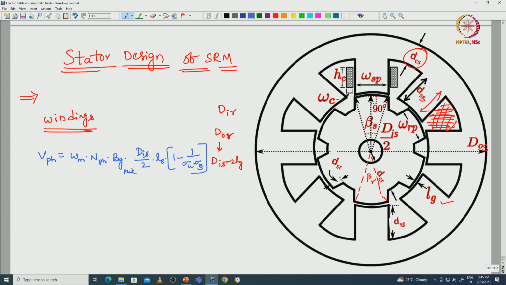So this is the equation we have derived already. So from this equation, N phase is equal to V phase peak value divided by omega m into Bg into dis by 2, the same equation I am rewriting here, into sigma u into sigma s.